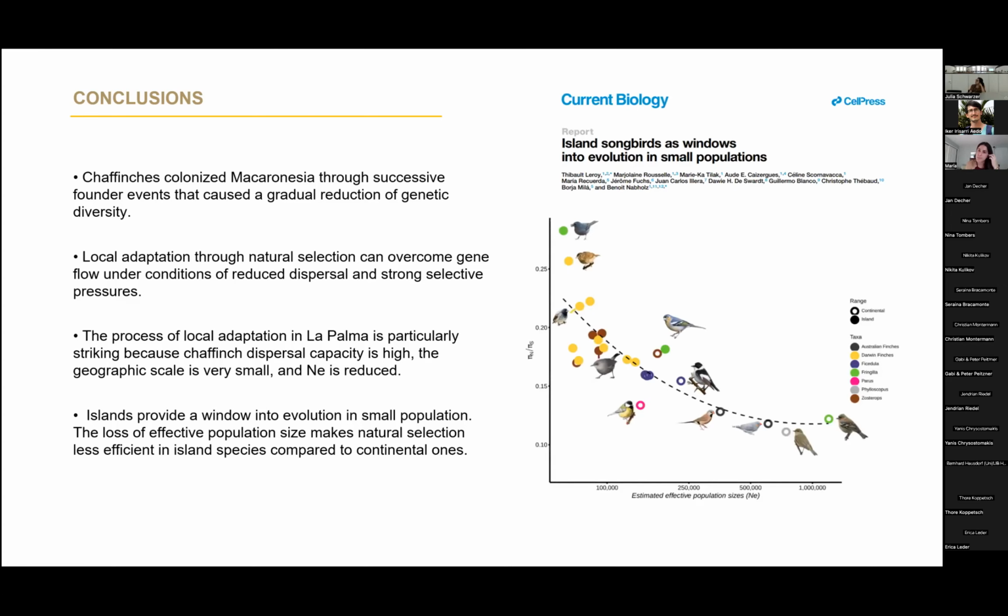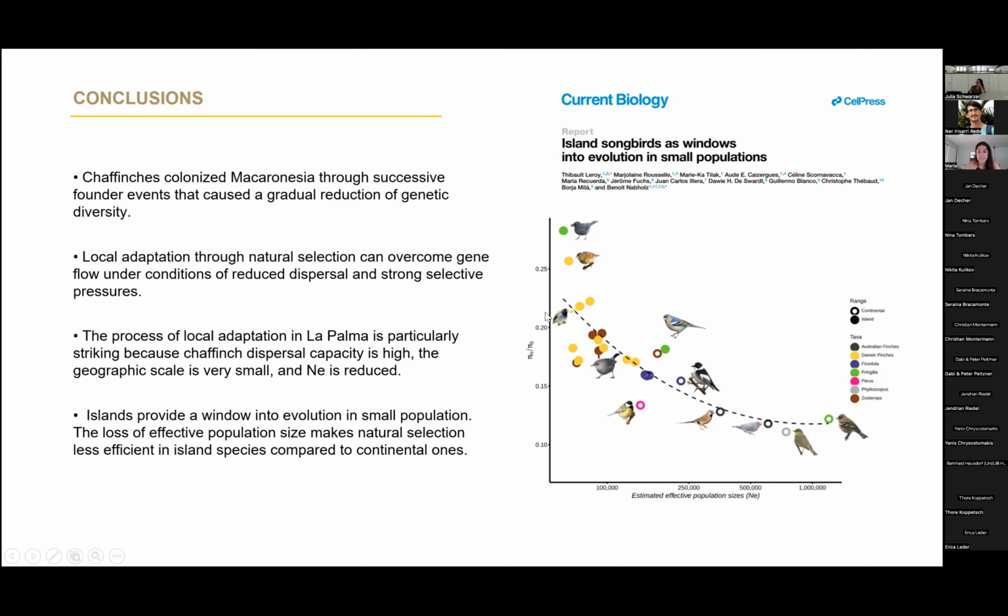So in this paper in Current Biology, we showed this pattern, and in this graph we can see the insular populations, that are the filled dots, have a lower effective population size and higher ratios of non-synonymous to synonymous polymorphisms compared to the continental ones. Here is included as well the common chaffinch.